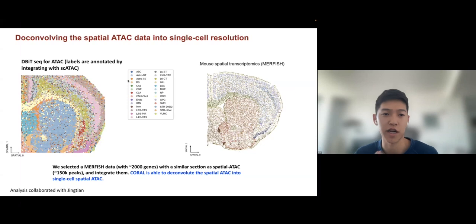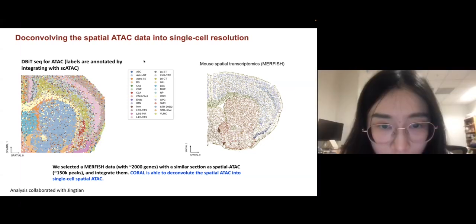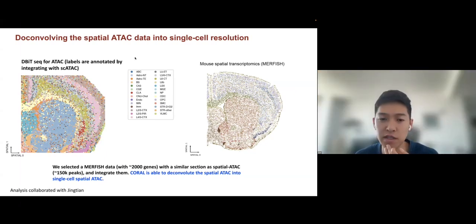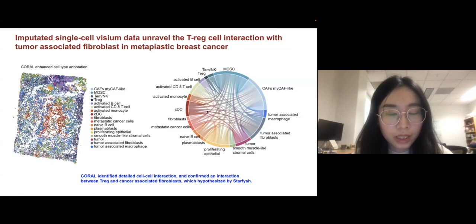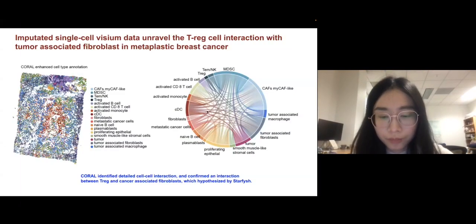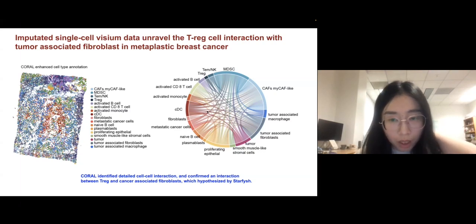Quick question from the chat about the cell-cell interaction that you mentioned. Is there any incorporation of ligand-receptor databases in the score computation, or is it simply just the attention? Yeah, so this value is just the variables inferred by the model.